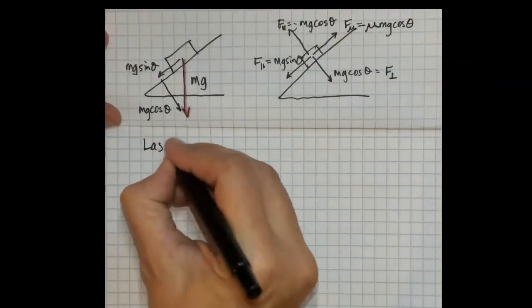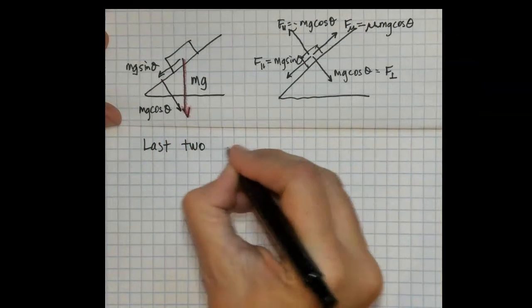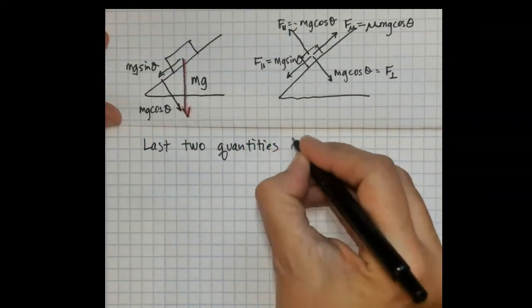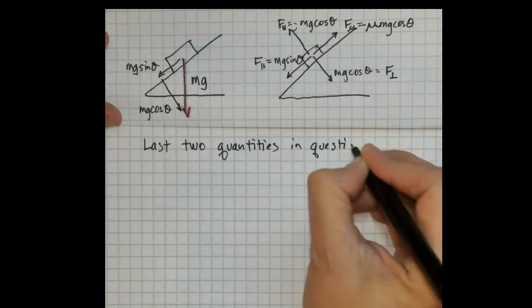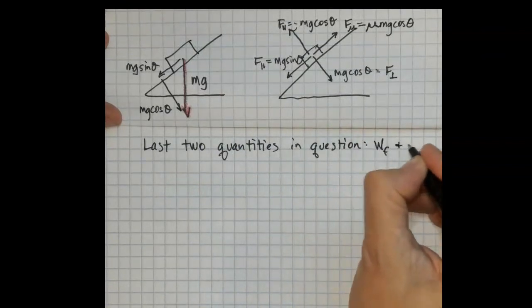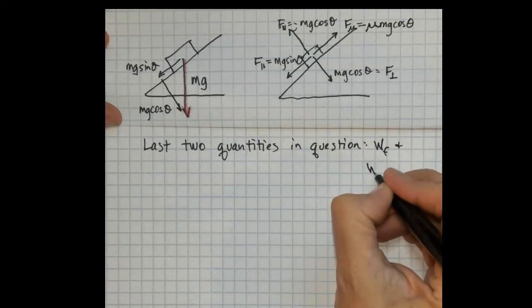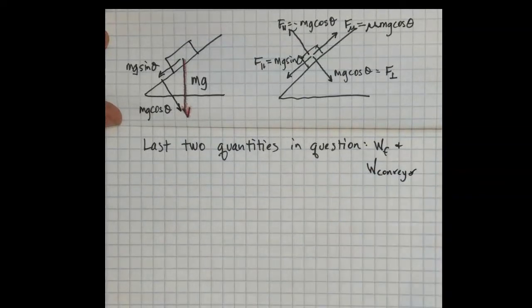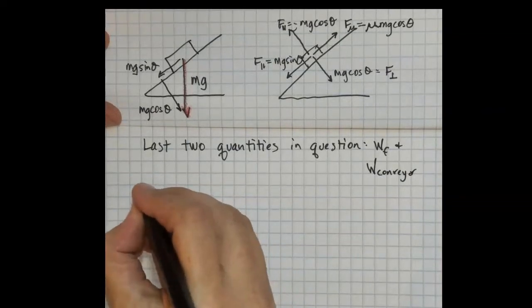Okay, a new page, and we have 2 more quantities to consider. The work done by friction and the work done by the conveyor belt. So let's start with the work done by friction. I know that I already wrote the force of friction in my free body diagram.